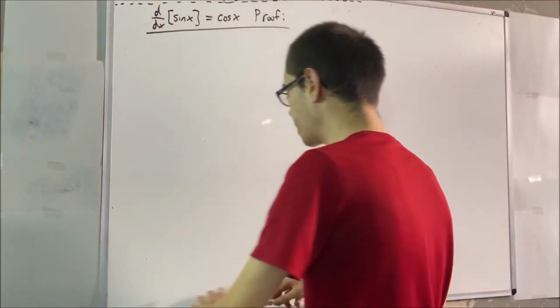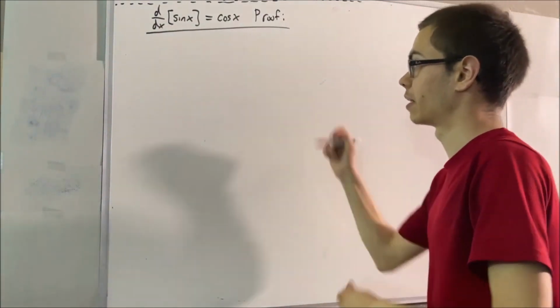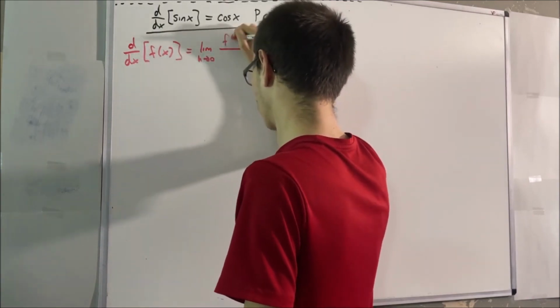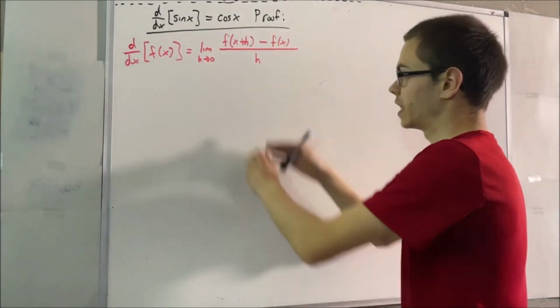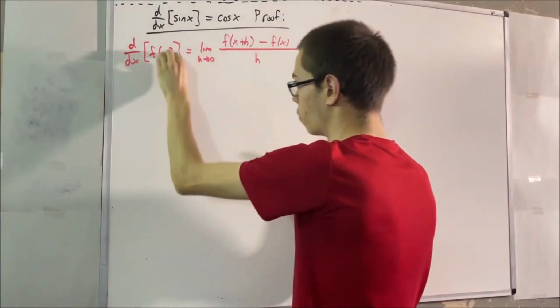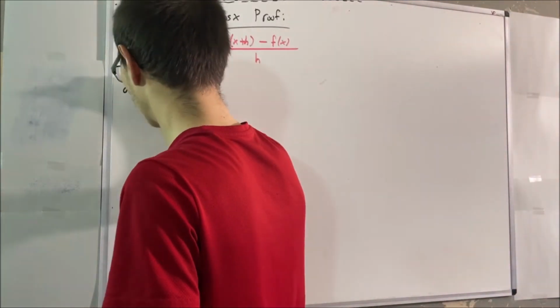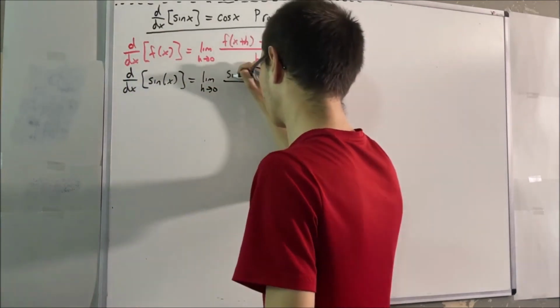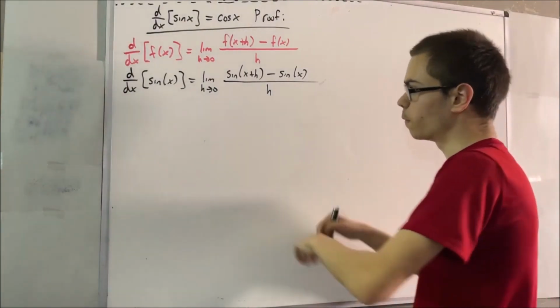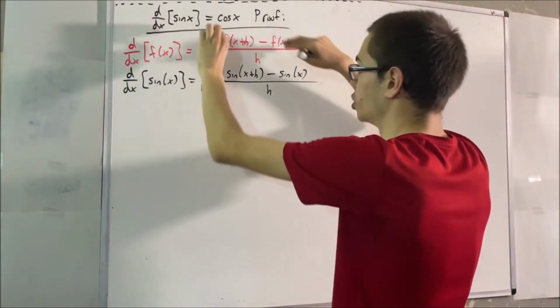If you recall, the definition of a derivative can be expressed as a limit, like this. So this is the definition of a derivative, and we're going to replace our function with sine x. So essentially, we need to prove that this limit is equal to cosine of x.